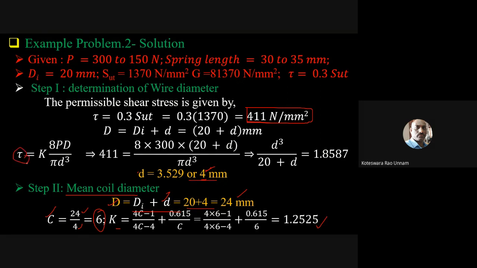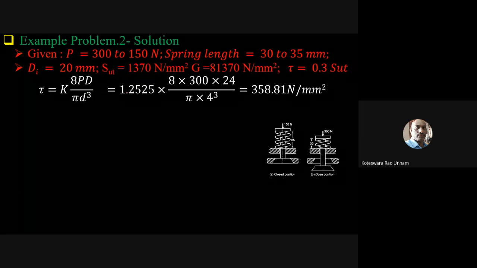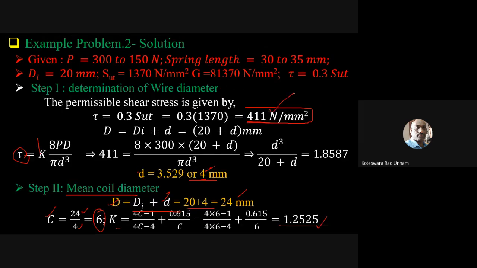Now I compute again the resultant shear stress just by substituting K is equal to 1.2525 and 8PD by pi d cube. P is 300, D we computed as 24 and small d we got as 4. If I substitute that, I get the resultant shear stress as 358.81 Newton per mm square, which is less than your allowable stress.